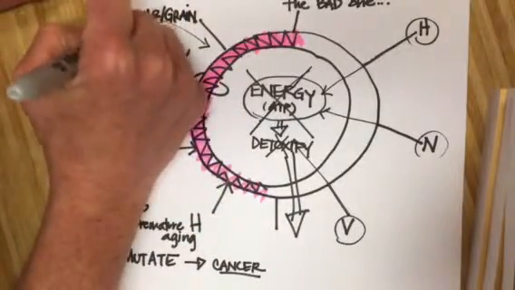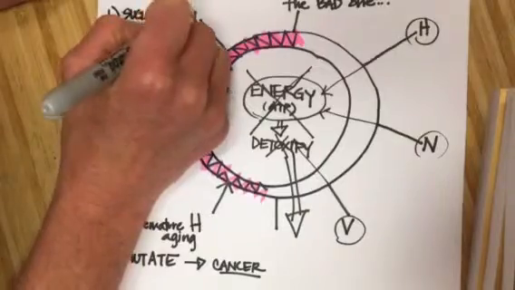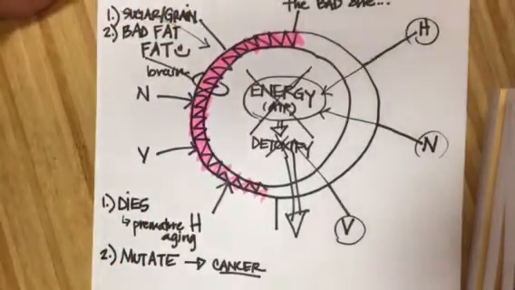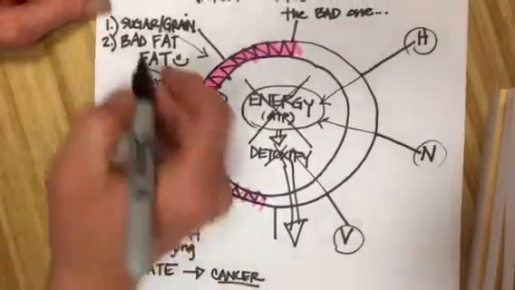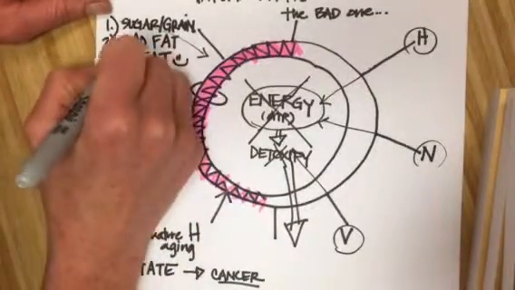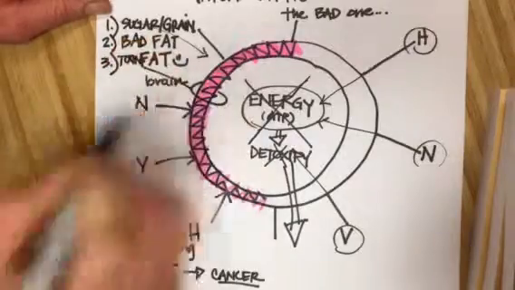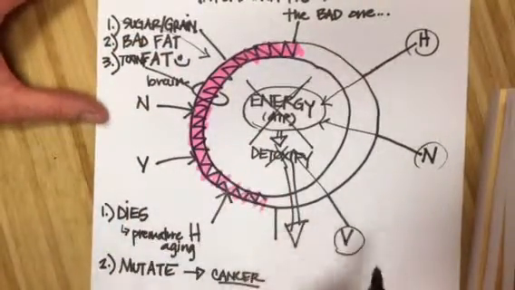Number two is bad fat. Okay, so bad fat, sugar and grain, and lastly, toxins. Okay, I could have maybe written them somewhere else, but you get the gist.